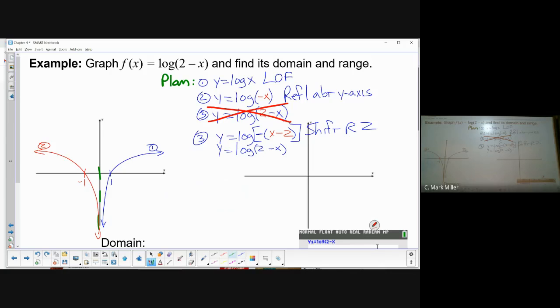So I'm going to put graph 3 on the right. So everything goes to the right 2. All my graph's features go to the right 2. So this vertical asymptote goes from the y-axis over here to 2. The x-intercept goes from -1. It goes to the right 2 to +1.